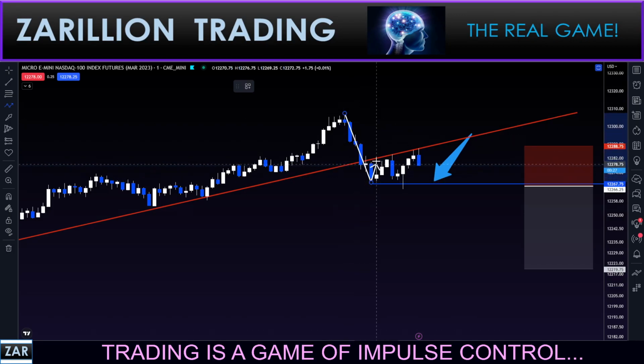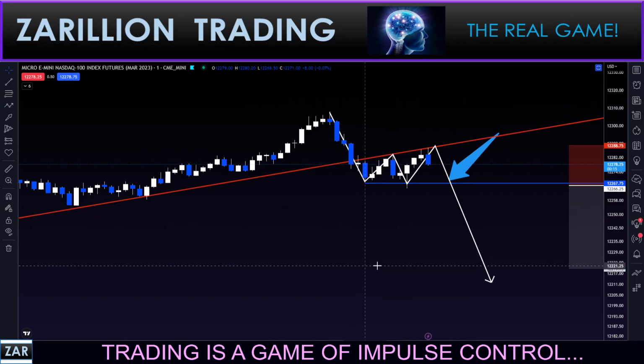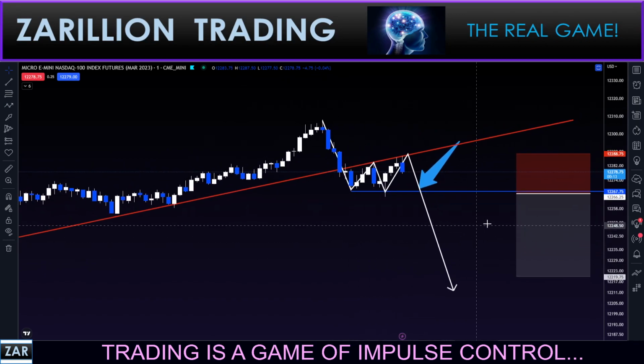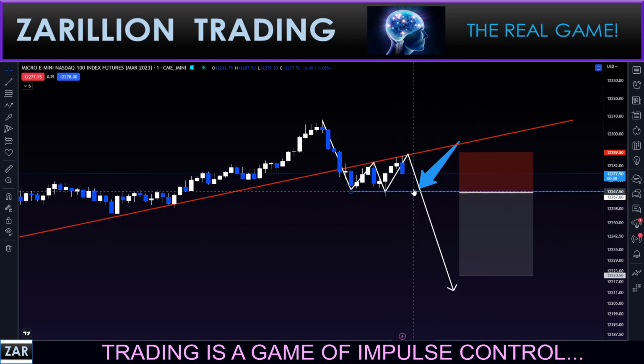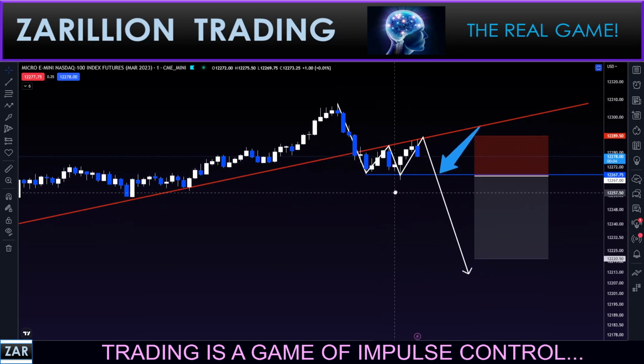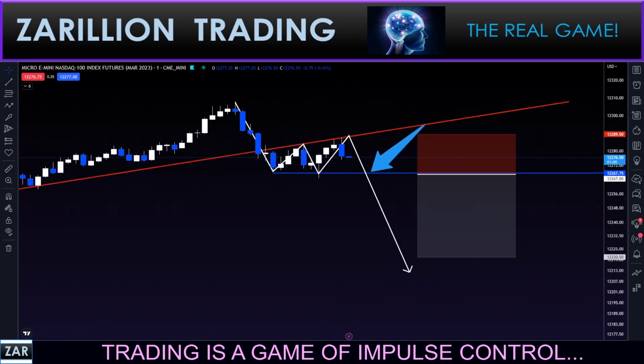Boom, boom, boom. I'm going to go like this because the line looks a little nicer. And now we may get this drop down below. You ready for it? I won't put that there yet because, like I said, we're waiting for a 1 minute close below that line just to be more certain.